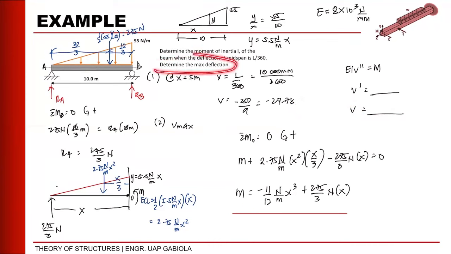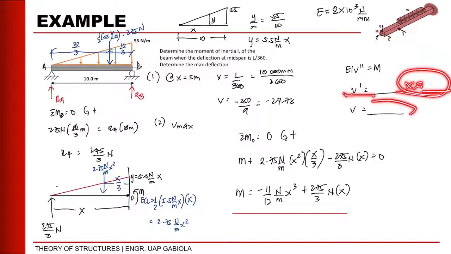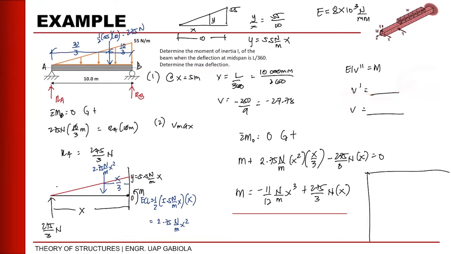So how do we identify where the maximum deflection is? We need to equate V prime to 0. Okay? When we equate it to 0, we will get a value for x. So this is the location of the maximum deflection. Then whatever value of x we get, that is what we will use in our equation for V. Okay? So for checking, your answer for the inertia should be 16.11 times 10 to the 6 mm to the 4th.